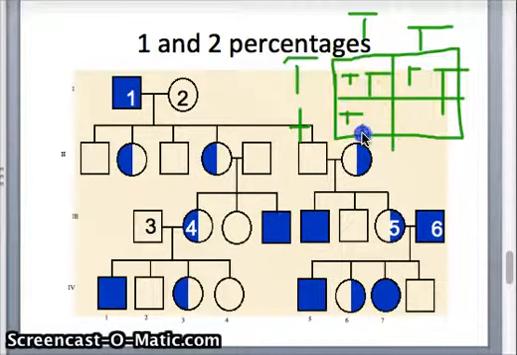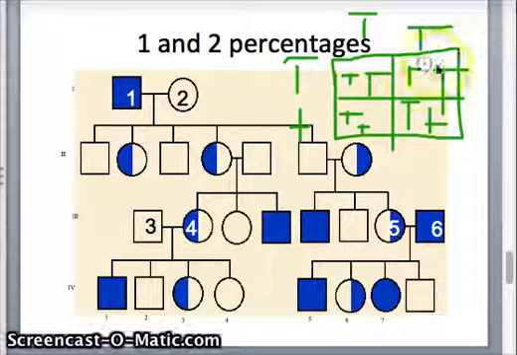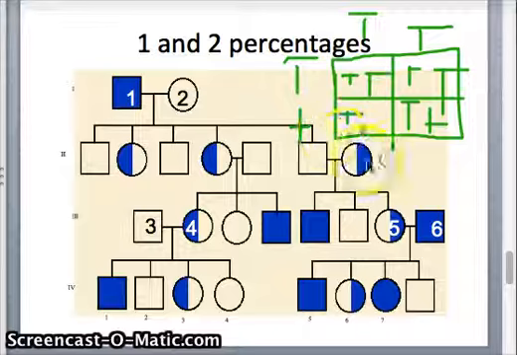And you're going to get, basically there's going to be 2 with big T, so 50% without the trait, or without any sickle cell. 2 with big T, little t, so 50% with the sickle cell trait, and then 0% for sickle cell.